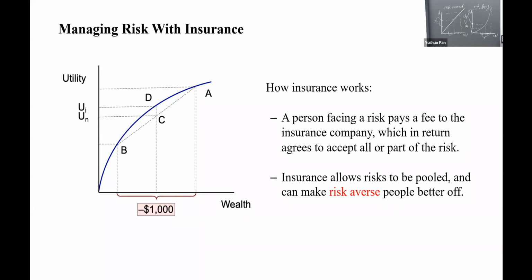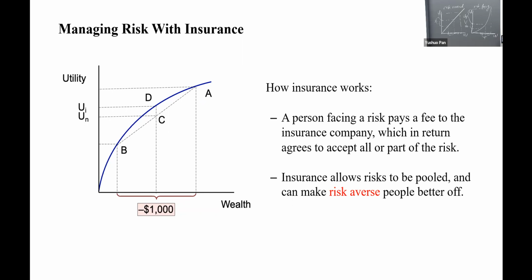But why does insurance allow risk to be pooled, and make risk-averse people better off? Let's see the picture on the left-hand side. That's the normal person, and the utility curve is a concave curve. Imagine this point here is my original wealth, and there's a 50% chance I'm going to lose $1,000.